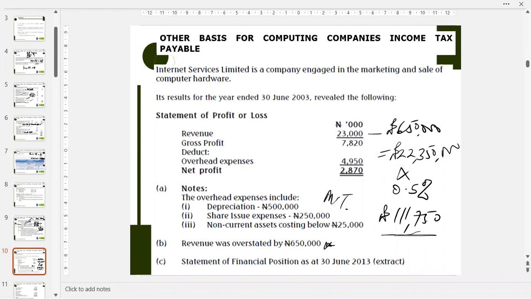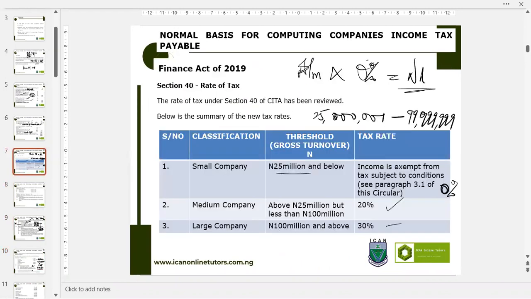So, and then for capital allowances too, please note that during the period that they are classified as small companies, they cannot enjoy capital allowance. Okay, so the capital allowances, they will be computing it, but it will not be utilized. They will be computing it as though they are to take it as a relief, but they will not take it because they are not paying tax now.